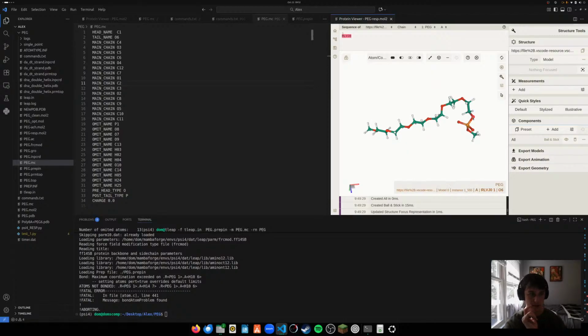The tail is O6, connected to a phosphate. We remove the phosphate, as well as O8, O7, O9. I do not get it.